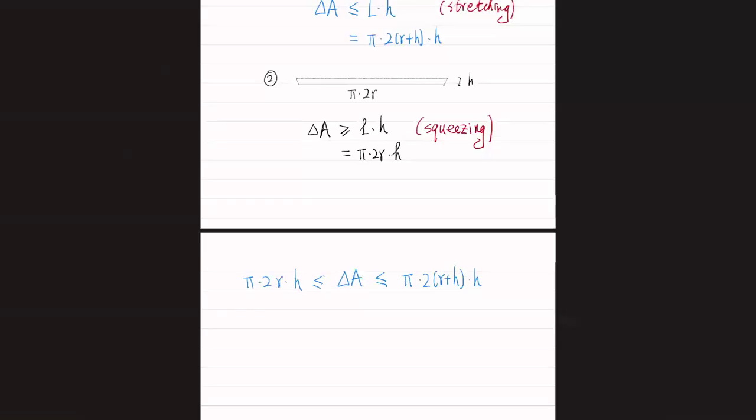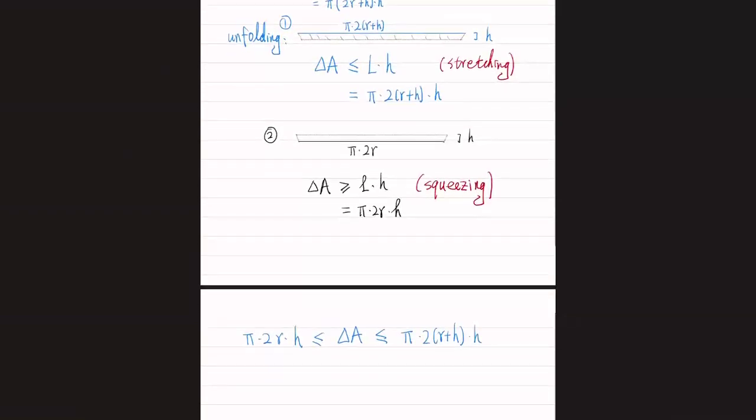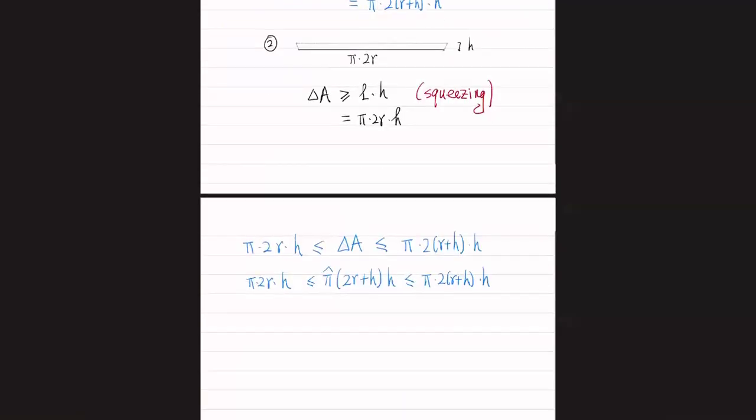And we have an exact formula for the increment. Okay, the inequalities. First, unfolding an upper bound. Second, unfolding a lower bound.